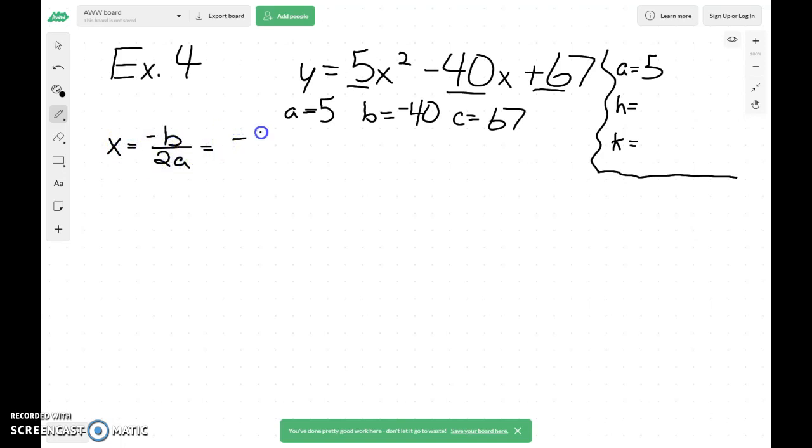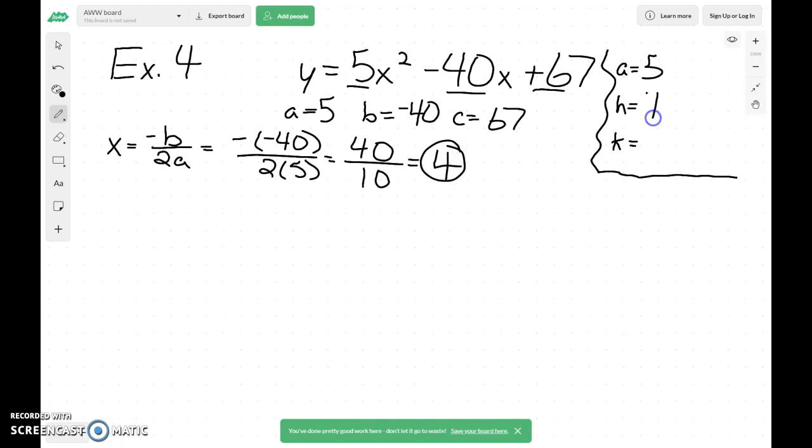So here we're going to have negative times b, which is negative 40, divided by 2 times a, which is 5. So we know negative times negative 40 is positive 40. 2 times 5 is 10, so 40 divided by 10 is going to be 4. So what that 4 tells me is that that's going to be my h value. So my h value here is equal to 4.